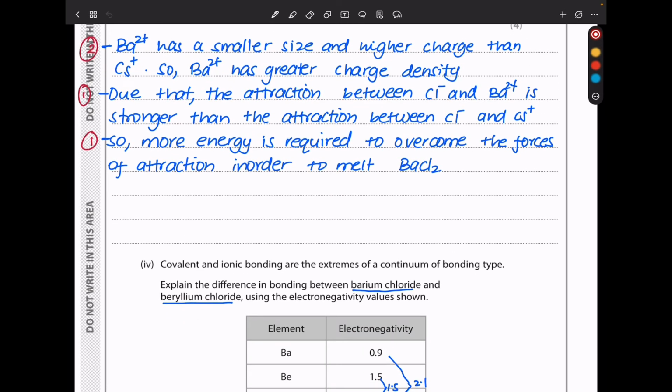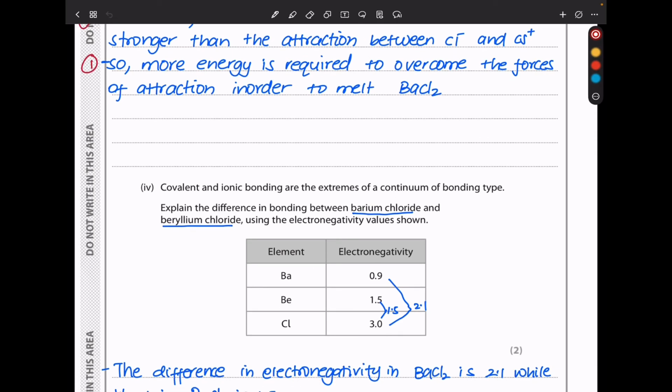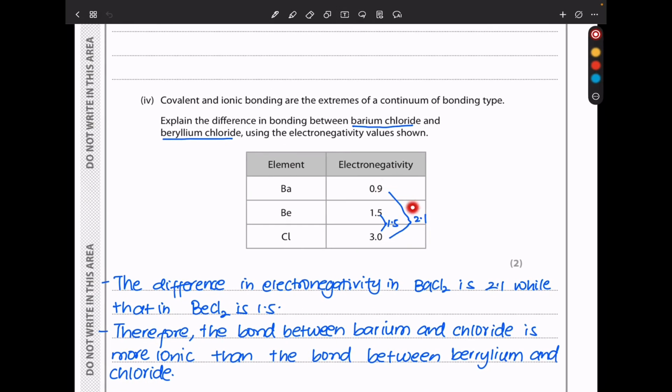Next, they say covalent and ionic bonding are the extremes of a continuum of bonding type. Explain the difference in bonding between barium chloride and beryllium chloride using the electronegativity values, which are shown here. So we have barium, beryllium and Cl. I subtracted, and the difference between barium and Cl is 2.1, and between beryllium and Cl is 1.5.